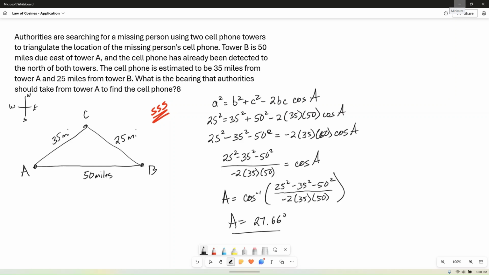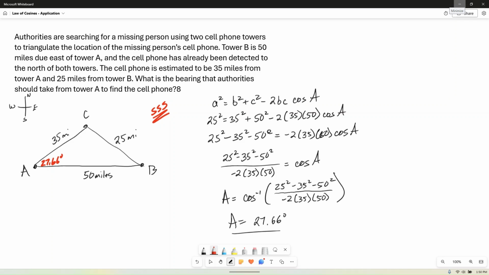We could say that it's 27.66 degrees. That is the actual angle in here. Usually when we talk about bearings, though, we want to describe them using our cardinal directions, in terms of north and east, or south and west, or northwest, southeast.